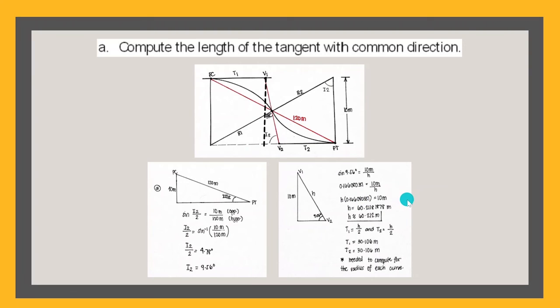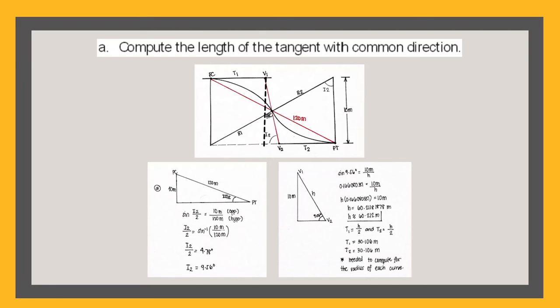So how do we get h? We need to divide both sides by the value of sine 9.56 degrees, which then becomes h equals 60.212 meters. So now, we already know the length of the tangent with common direction, which is equal to 60.212 meters.